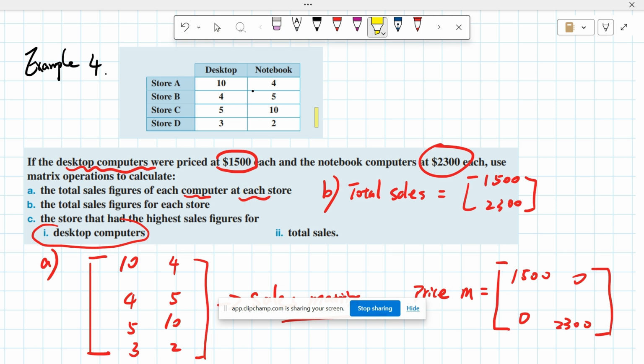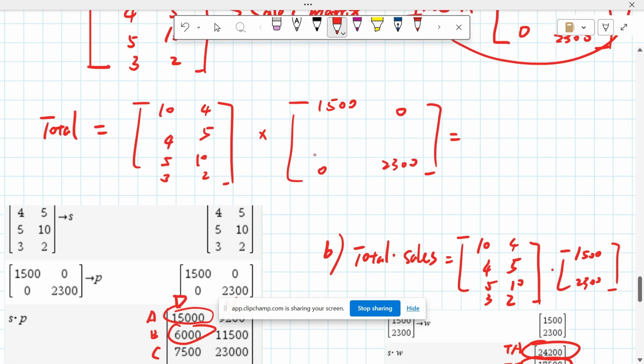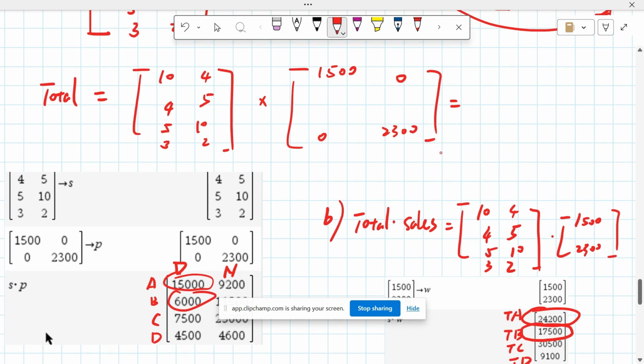The total sales are computed for each store, using 1,500 and 2,300 as the prices for the desktop and the notebook. The sales figures for each store are a matrix, and the price matrix is multiplied with it, so you find the final answer for each store by desktop and notebooks.